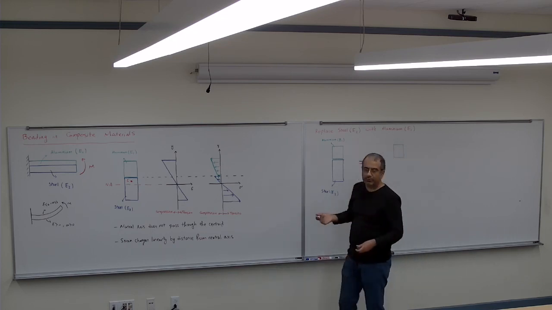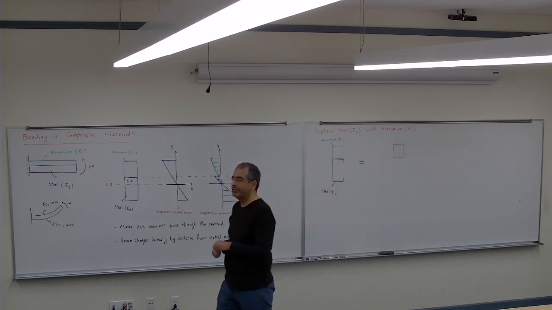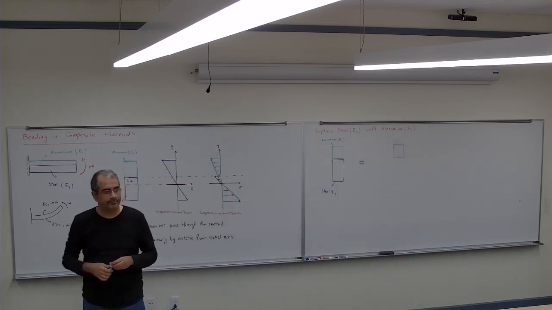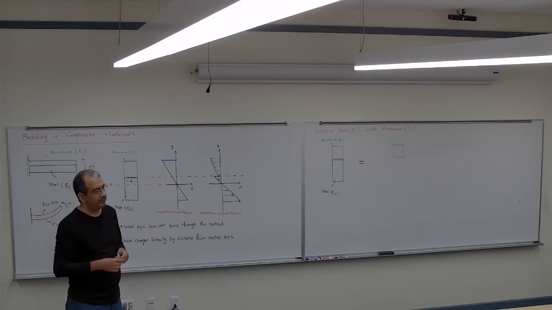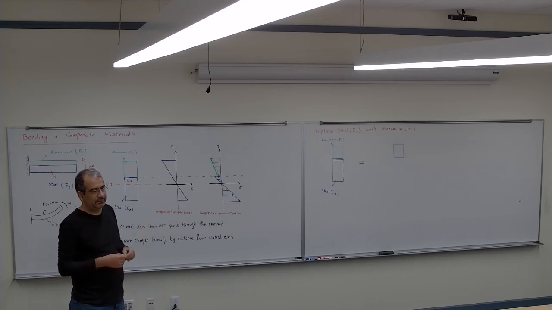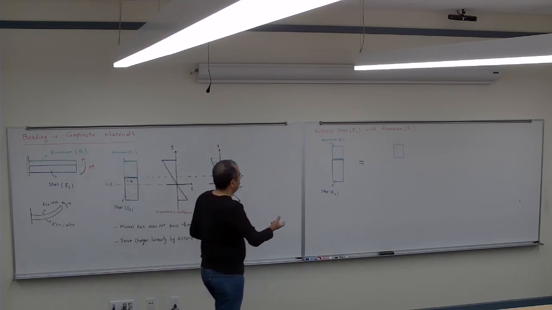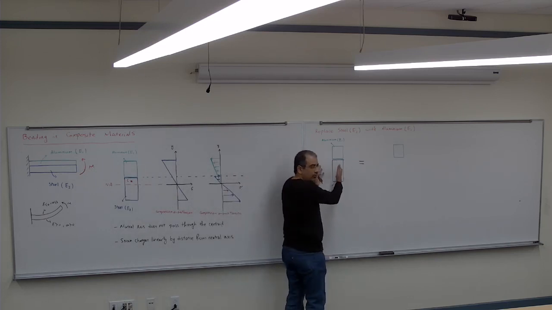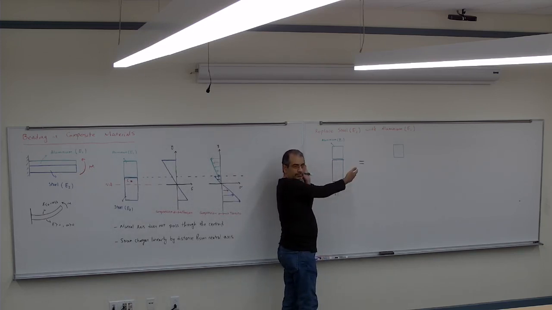The top part will stay the same. I'm going to change the bottom part. I want to make it bigger, taller or wider or both, because it cannot be the same size. I need more aluminum. Correct?